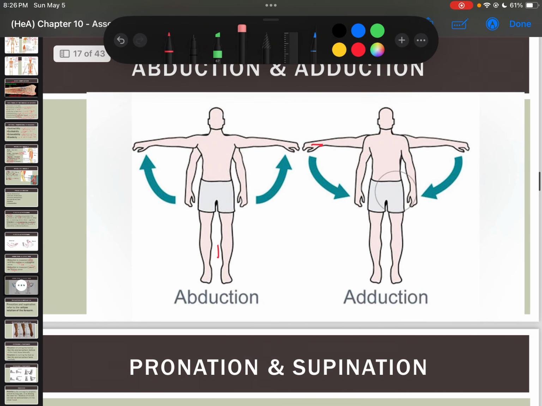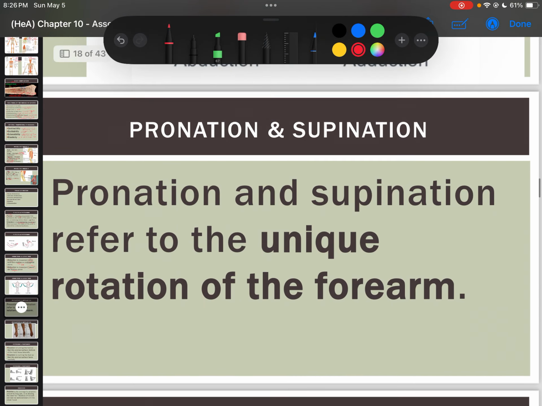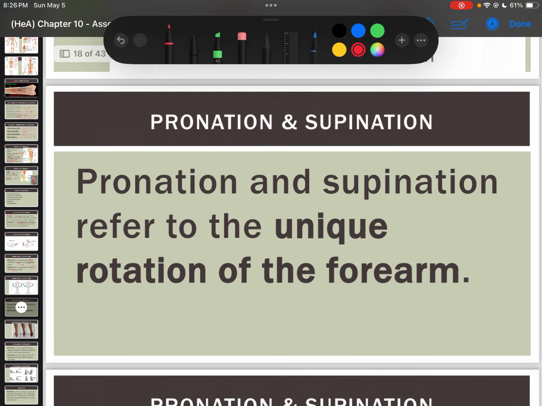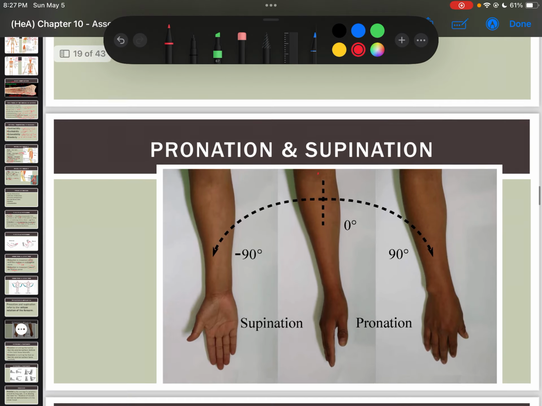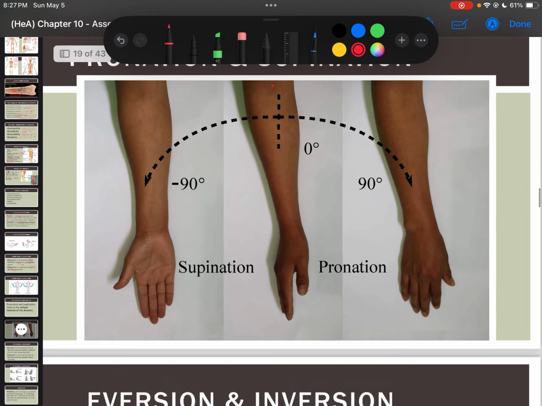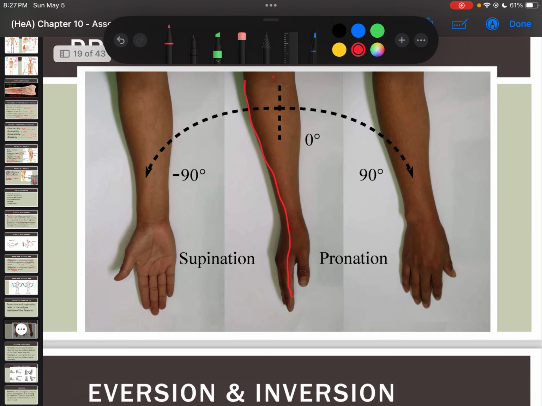Okay, next is pronation and supination. Pronation and supination refer to the unique rotation of the forearm, just like this. It is best demonstrated with the elbow flexed at a 90-degree angle, with the thumb facing up.